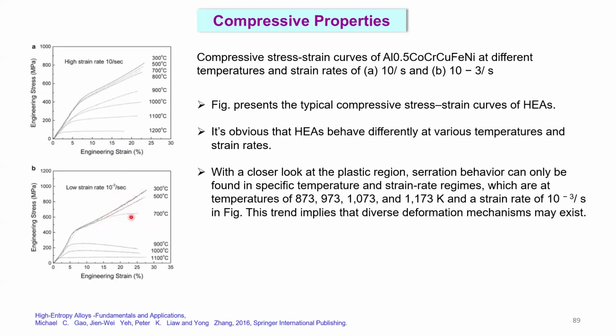I think here it is very well pronounced at low temperatures, and at high strain rates again in very small regions we see the serrations. We'll talk about the serrations a little later, and which are at temperatures of 873, 973, 1073 and 1173, and the strain rate of 10 to the power minus 3 per second.